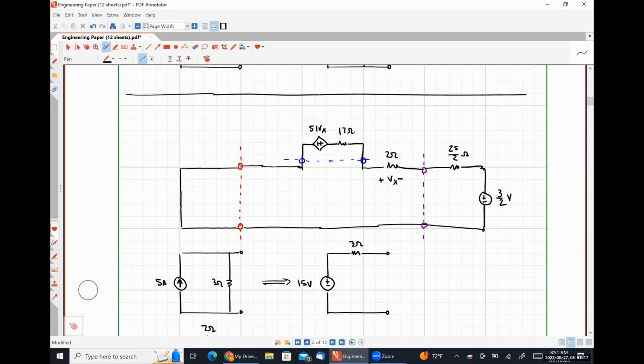Tedious, absolutely. We did a lot of these transformations to make this work, but it did work. Now, this isn't the be-all, end-all way to do something like this, okay? It works. It's fairly simple to understand. What we're going to learn in our next class meeting is what's called Thevenin and Norton equivalent circuits.